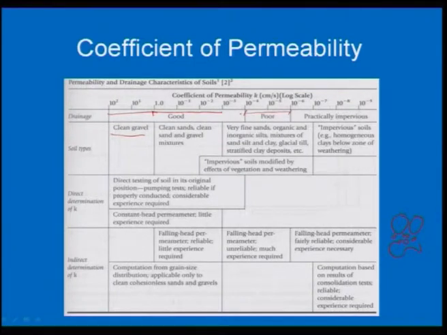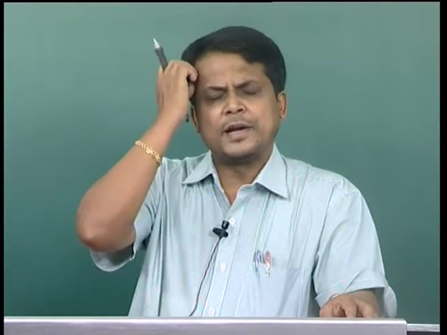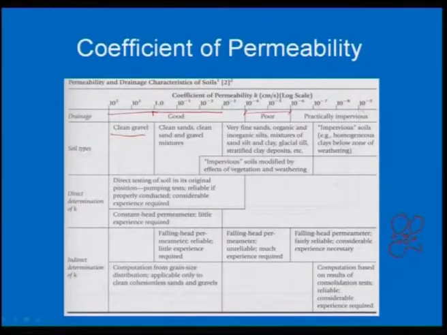Impervious means if water is there inside the soil, it is very difficult for water to come out or for drainage to happen. Where drainage is not going to happen, that case is called impervious.